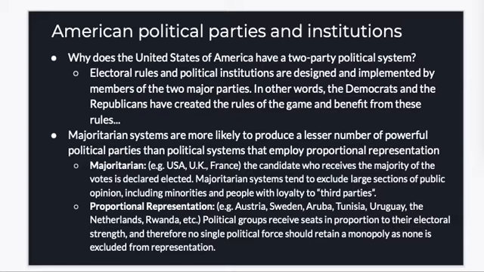So, of course, they can maintain power over it. That's the first reason that political scientists propose to explain why the US has only two major dominant political parties.